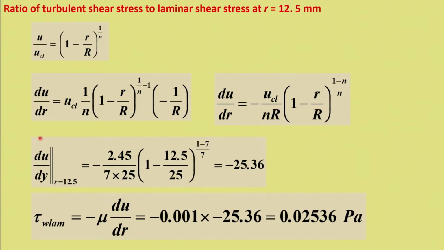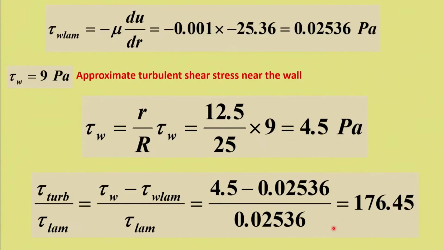So you get du by dy equal to 25.36 per second. If you multiply with viscosity, you get 0.02536 pascals, which is very, very small. If you compare that at the location halfway from the wall, since it is varying linearly to 9, you get 4.5 pascals.